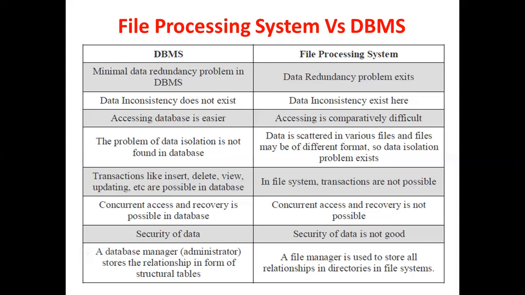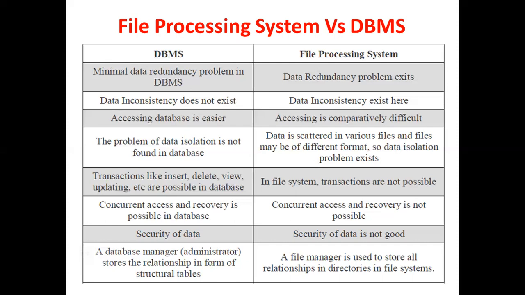It is difficult to store the entire data within a single file. It is distributed in different files as per the category and the requirement of an end user. These files may be in different formats, because of which it becomes difficult to write the application program to access the desired data from these files. This is called data isolation.